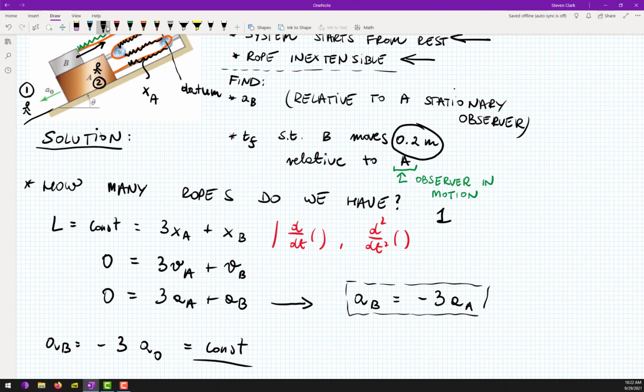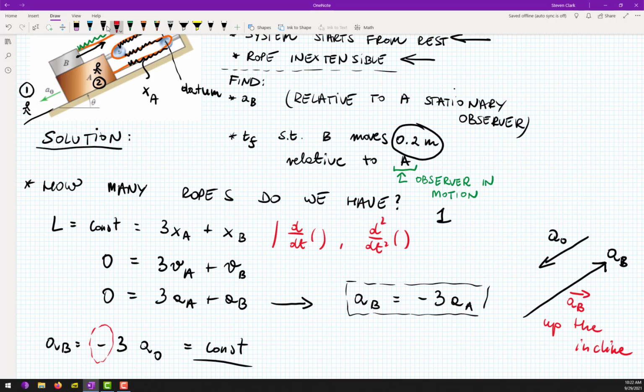Since AA was pointing this way, this is A0. So we already see that AB will be pointing this way, up the incline, because of that negative sign.